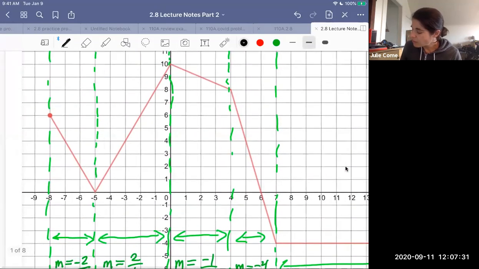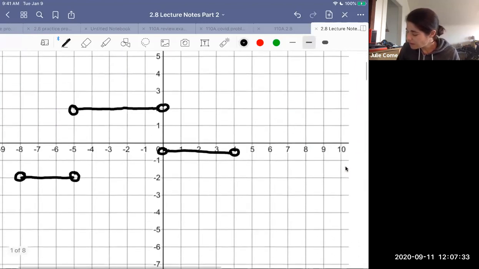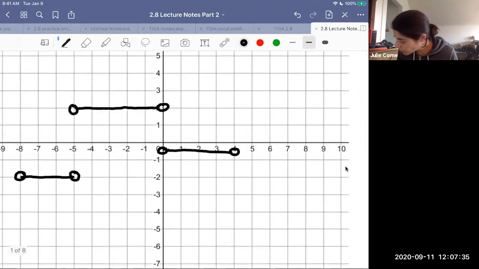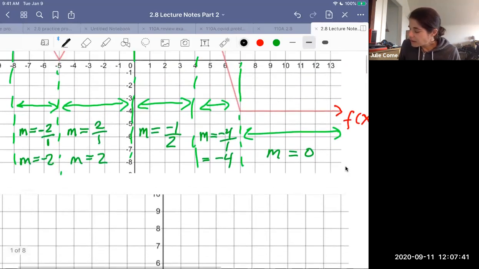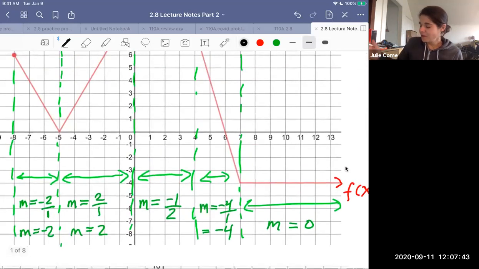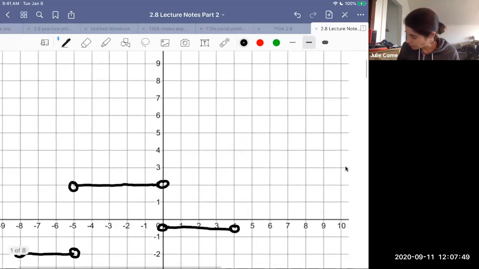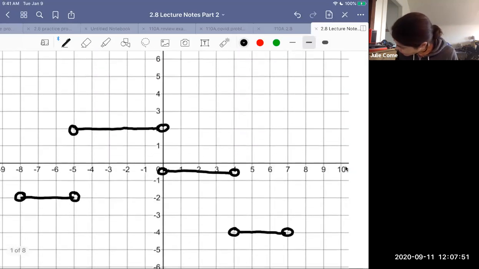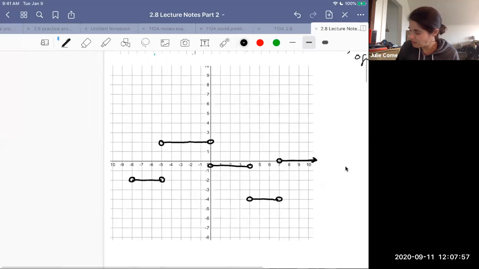Well, between 4 and 7, we have a slope of -4. So that's going to look like this on the derivative graph. And finally, as soon as x is larger than 7, we had a slope of 0 on our original function. So that's going to mean as soon as x is slightly greater than 7, the value of the derivative is 0. And that looks like it's going to continue.